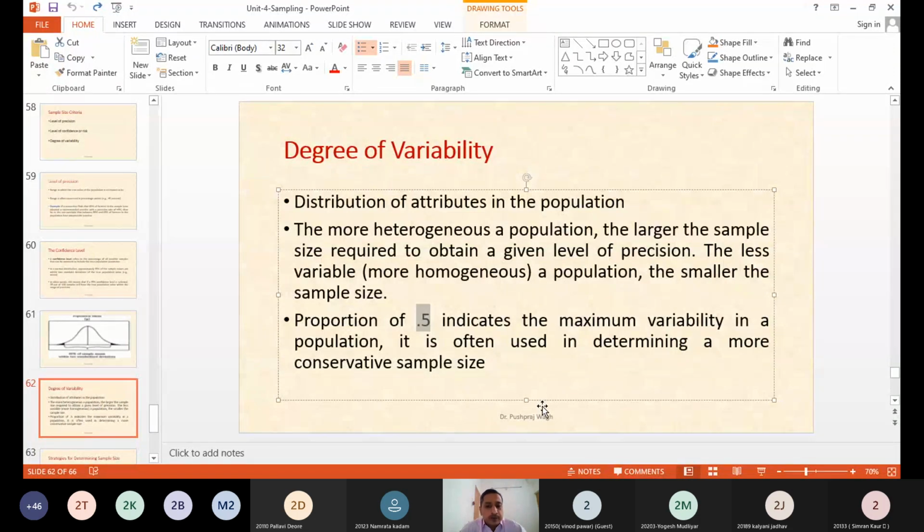However, 0.5 is the maximum variability, and therefore we take 0.5 as the value for degree of variability when we want a more conservative sample size. Conservative means more conventional, more suitable sample size for a particular study. So we usually select 0.5 as the proportion of variability for particular samples. Have you understood? Yes, sir.